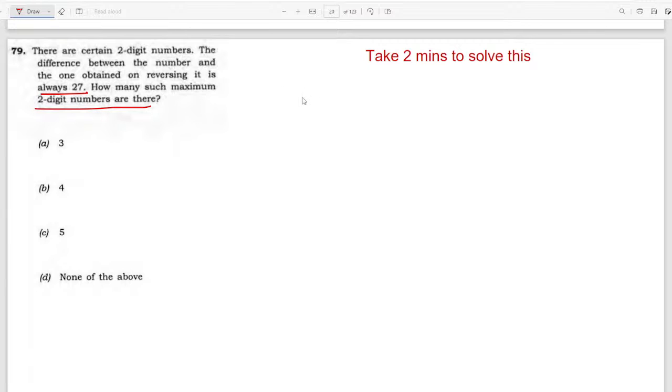The standard procedure to solve these problems is to assume that the 2-digit number is AB, where A and B are the digits, and AB can be written as 10 into A plus B. For example, let's take 85. 85 can be written as 8 into 10 plus 5 into 1.